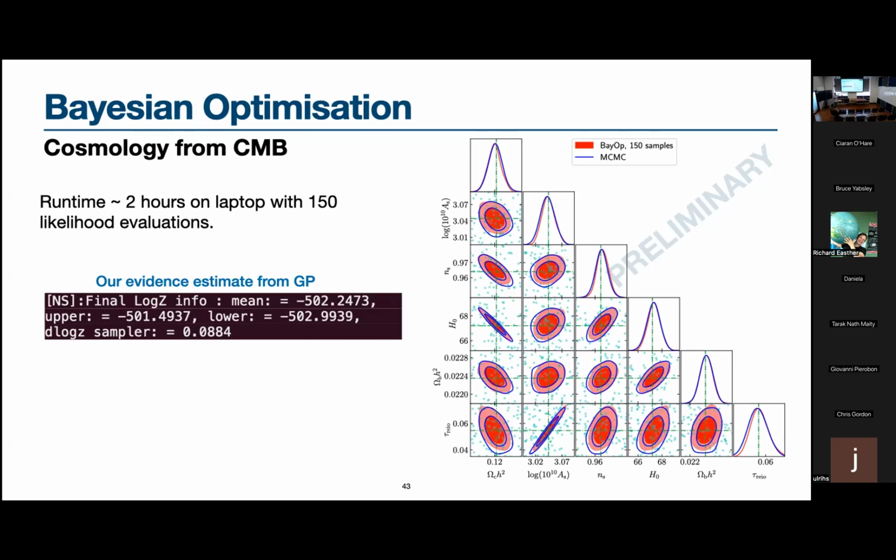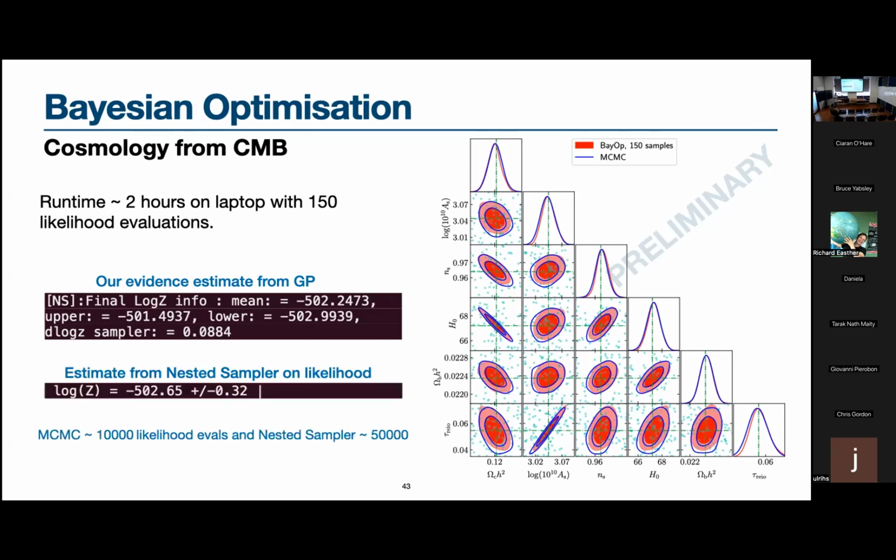So given the fact that these numbers are very close, we know that our algorithm has worked quite well in determining the evidence for this given example. Of course, we also compare it with the results from a standard nested sampler, and we see excellent agreement in this number and the prediction from the mean of the Gaussian process.